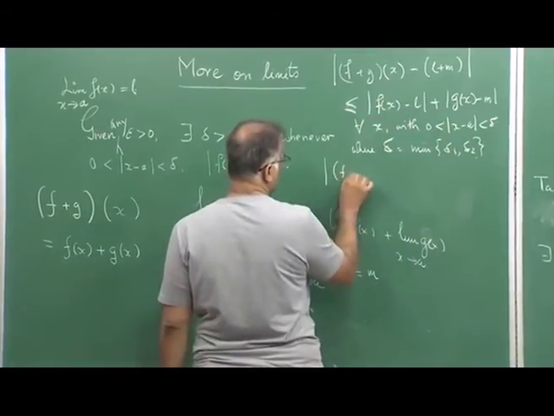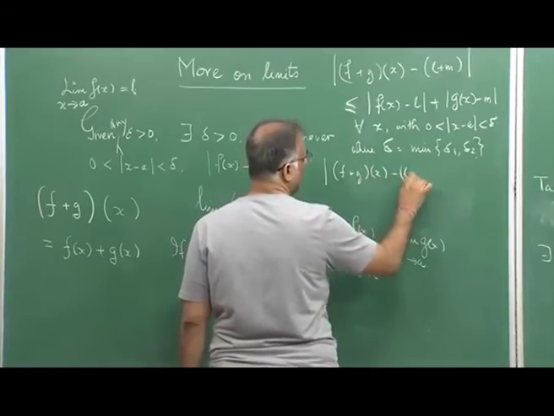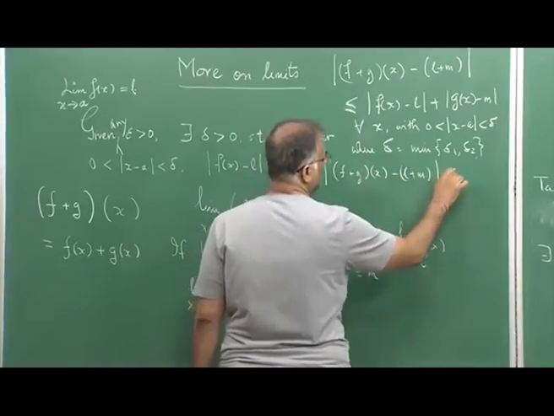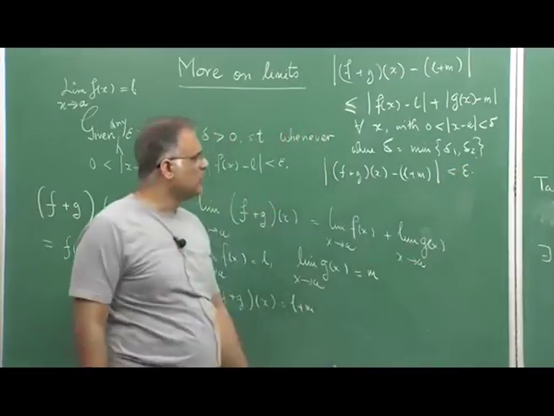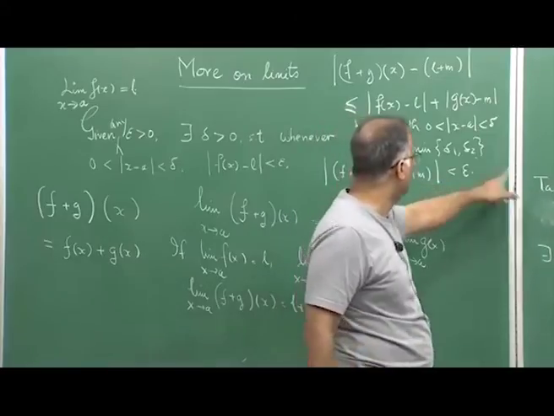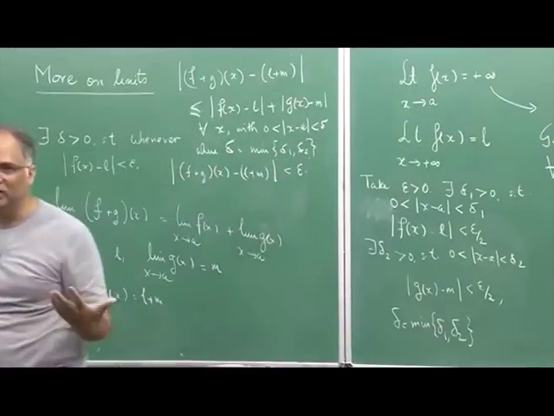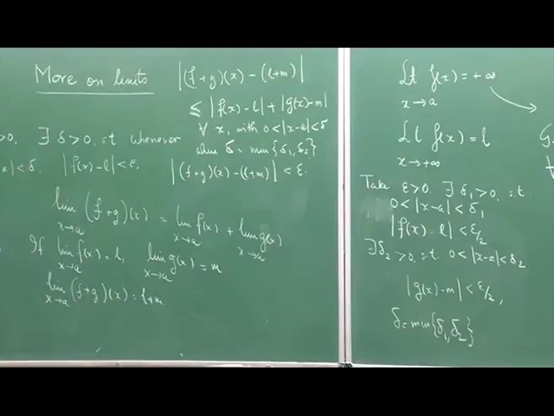So I will have |(f + g)(x) - (L + M)| strictly less than epsilon. So whatever epsilon I choose, this is my delta for which this is happening. So L plus M is the limit of f plus g, if L and M are the individual limits.